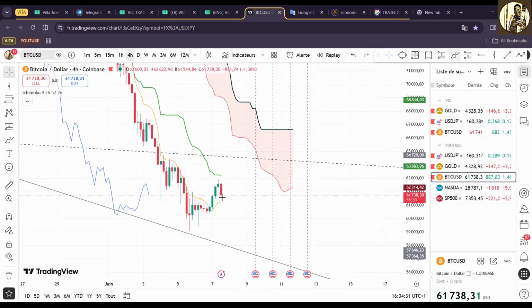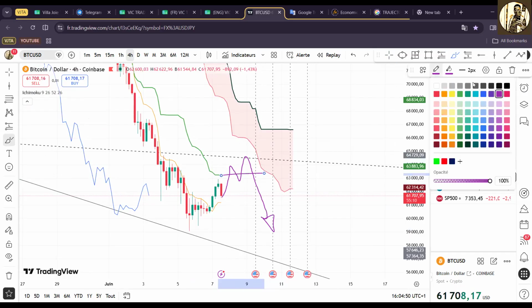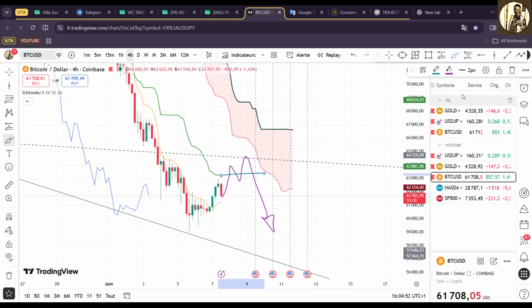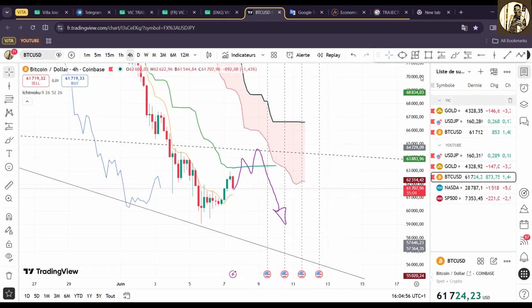For example, on Bitcoin, we are Saturday today, and you can say that this price will come to Kijun here, touch Kijun, go below Kijun, then touch Kijun again, and then keep going to the downside, because Kijun will stay horizontal like this. So you can actually do that future scenario prediction.